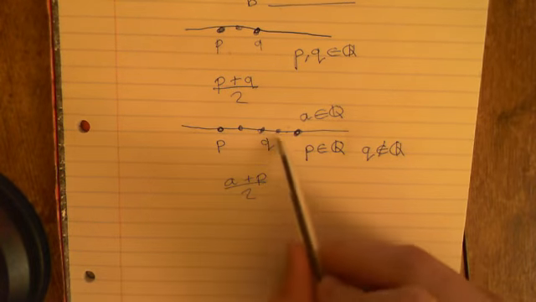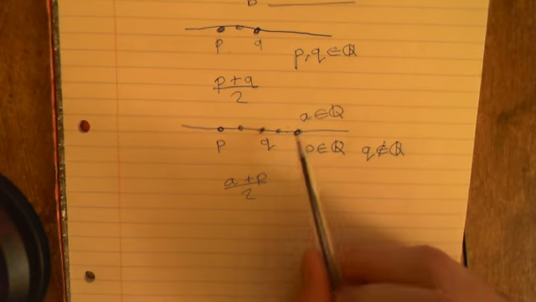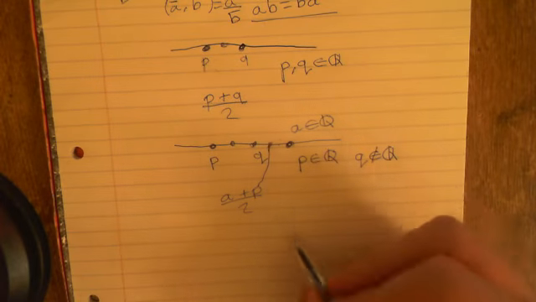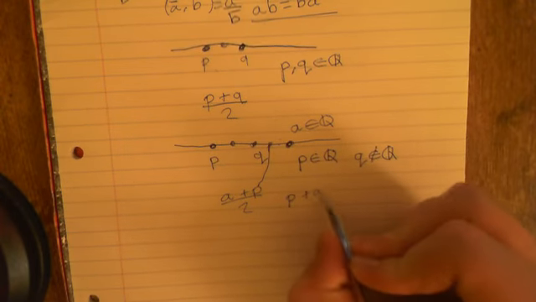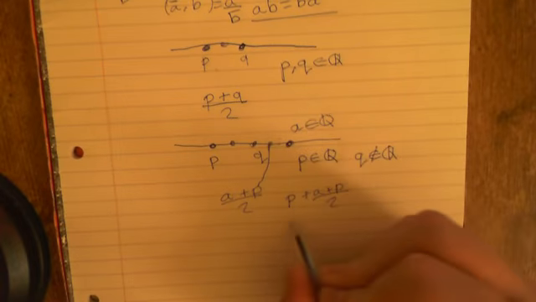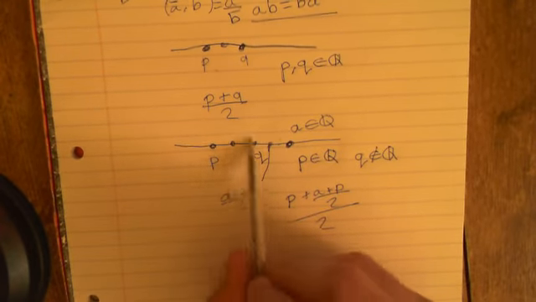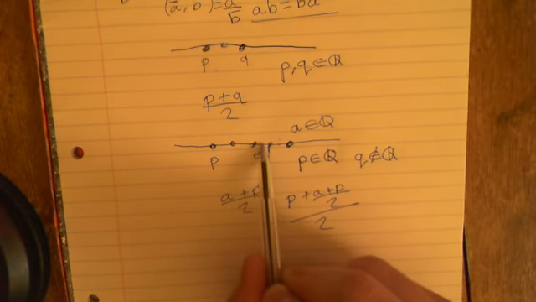But if it's within this interval, we're guaranteed that it's smaller than A. So we just take this as a new rational, A plus P over 2, and we average it with P. So we take P plus A plus P over 2, all divided by 2. Again, the options are it's either within this interval or it's over here.